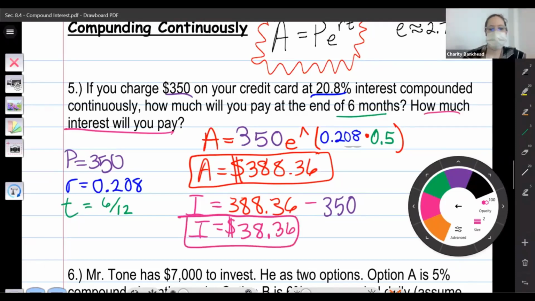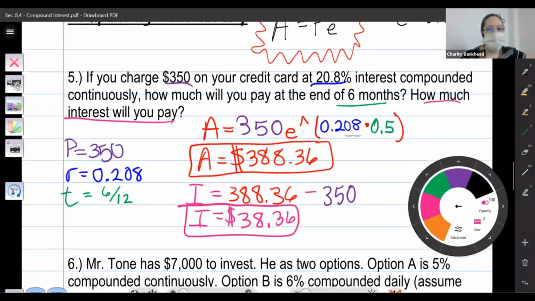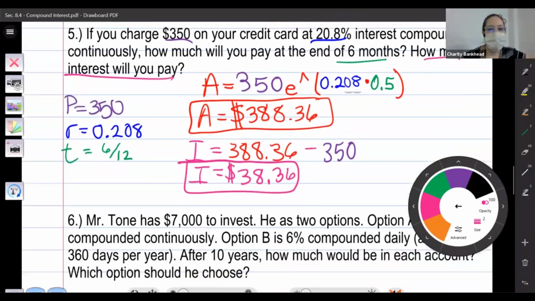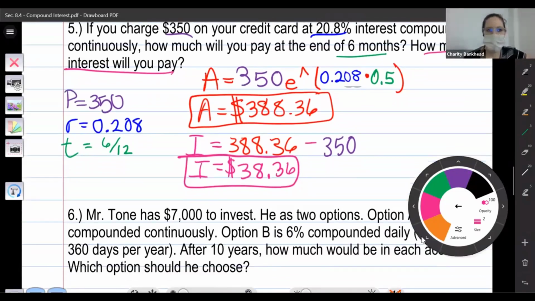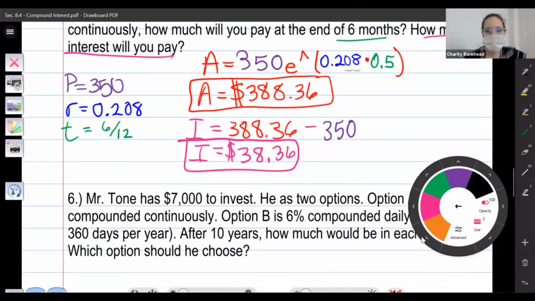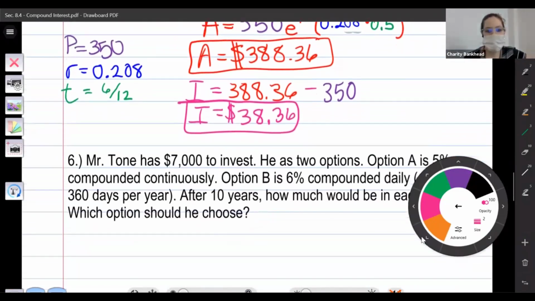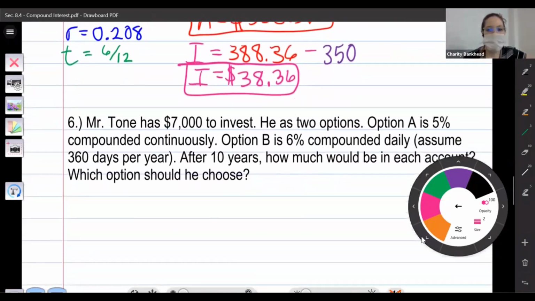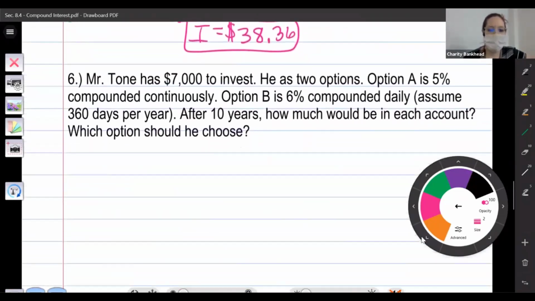All right. Number 6 says, Mr. Tone has $7,000 to invest. He has 2 options. Option A is 5% compounded continuously.